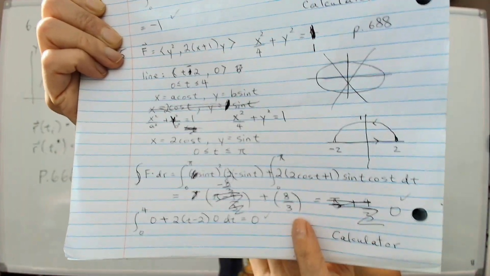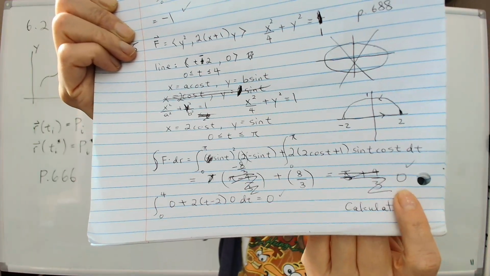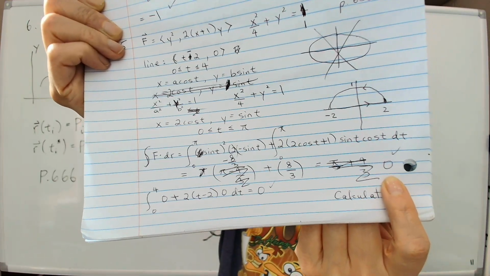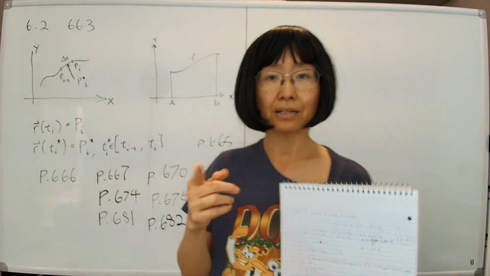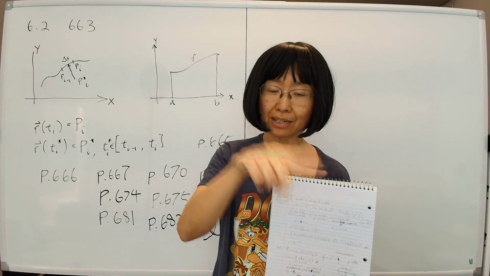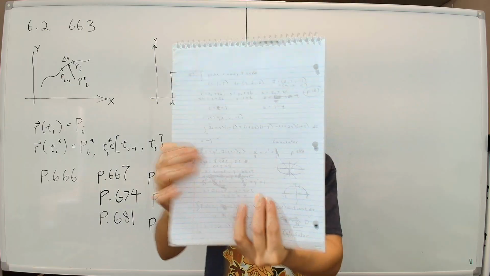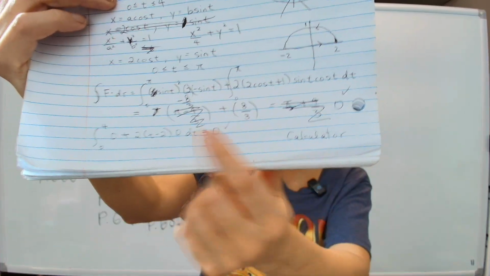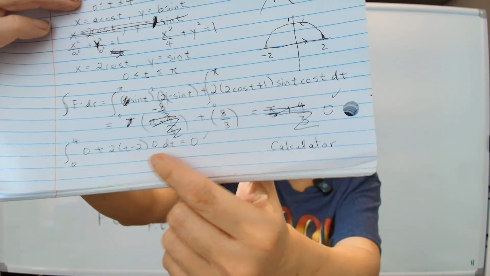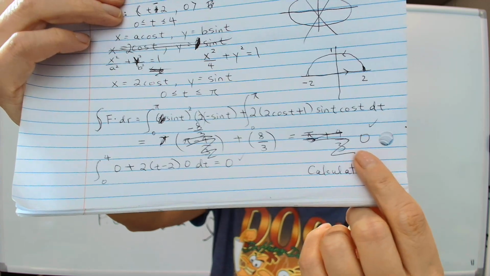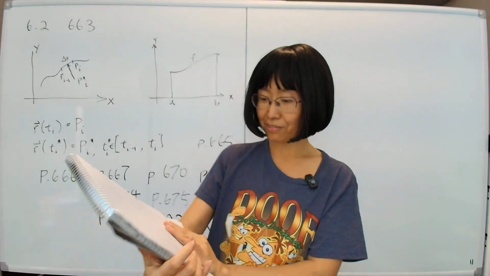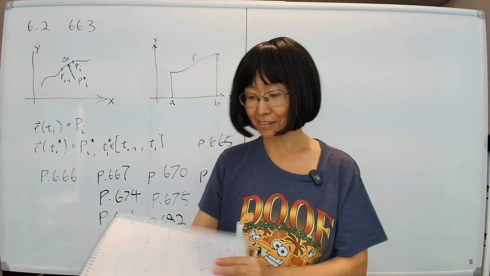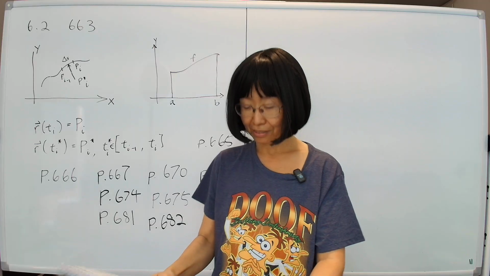The second integral equals positive 8/3. So the whole result is 0. That's just the first part, the part around the half ellipse. The second part, coming along the ground, is much easier because y is 0. If you plug it in, everything's 0, so it goes to 0. So the entire work done ends up being 0. And that's that.